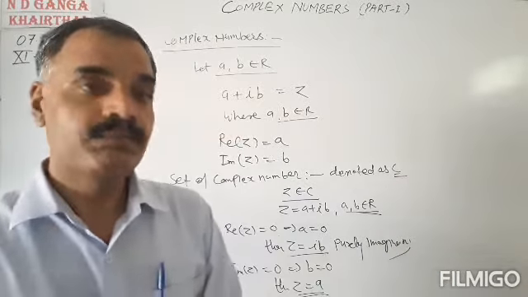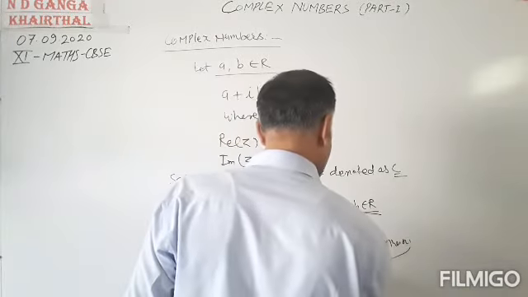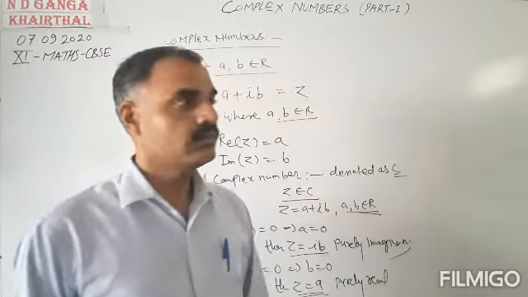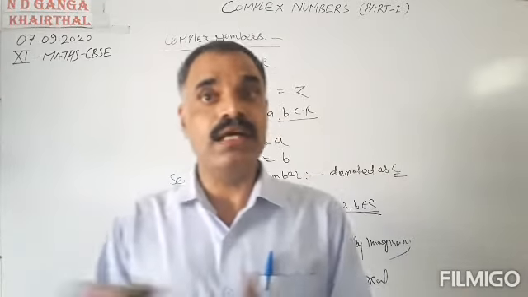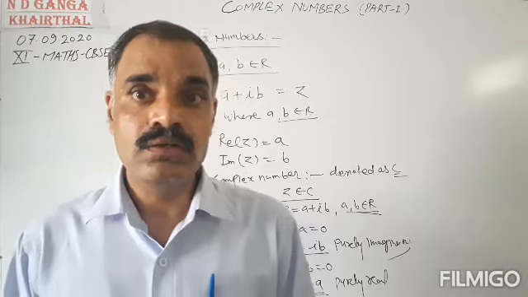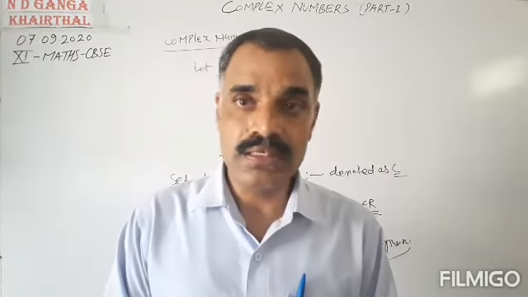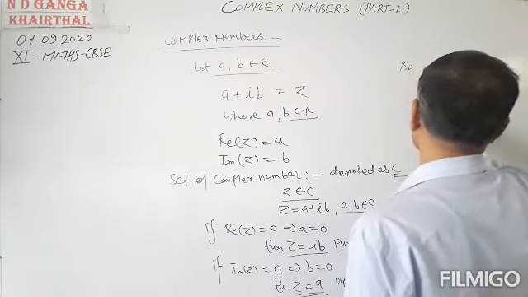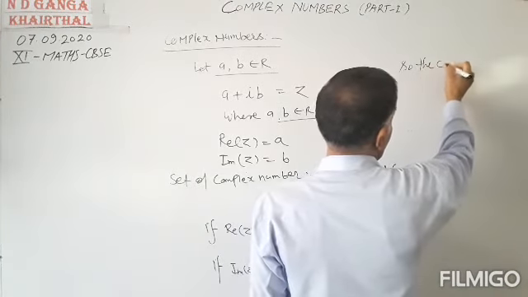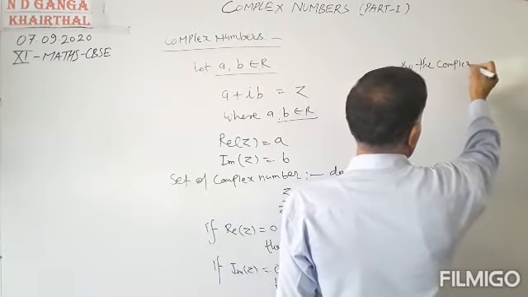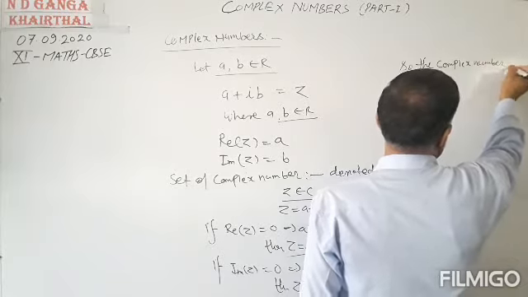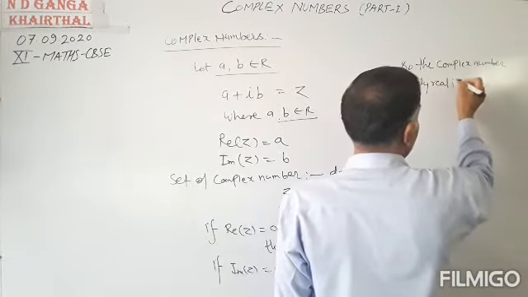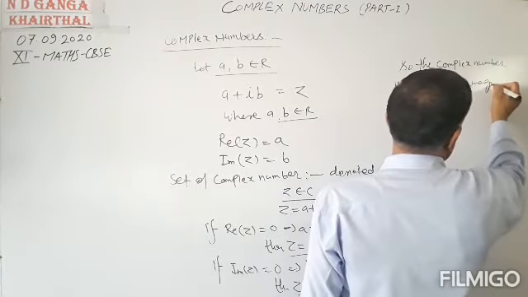So z is purely real. So the complex number z is purely real if the imaginary part is 0, and purely imaginary if the real part is 0. So what can we conclude? The complex number is purely real if the imaginary part is 0.